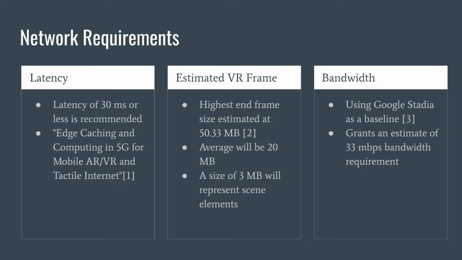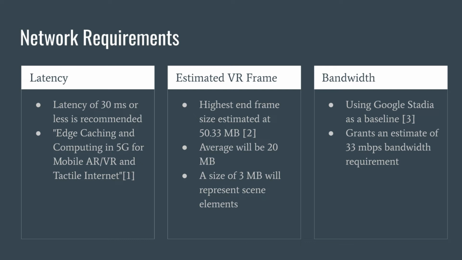As an example, an estimation from another project, titled Conduit, Efficient Video Compression for Live VR Streaming, which utilizes 360-degree 4K video streaming, estimates a single 4096 by 4096 pixel image with 24 bits per pixel is 50.33 megabytes in size. This is a pre-compressed frame size and is also far higher resolution than to be used in this project. However, we will use this as an absolute top-end estimation for a single frame size.